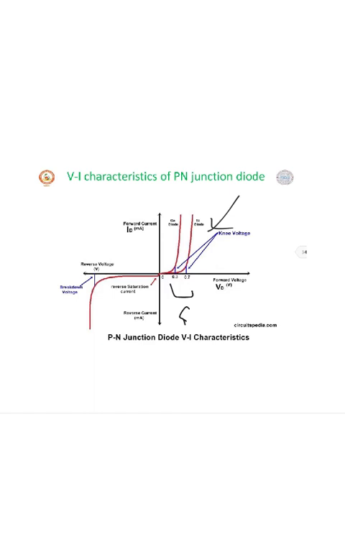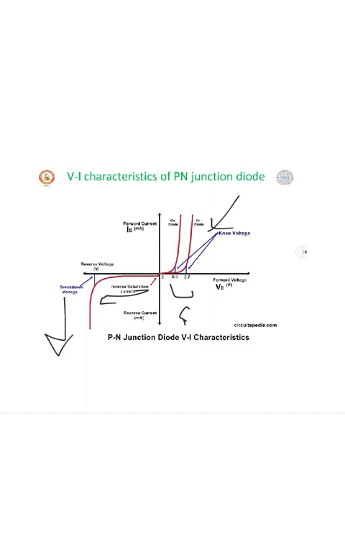The majority carrier current is blocked, but a very small reverse current, the reverse saturation current, flows due to the minority charge carriers. You can see here initially there is no flow of current. Once it reaches breakdown, then it starts conducting.